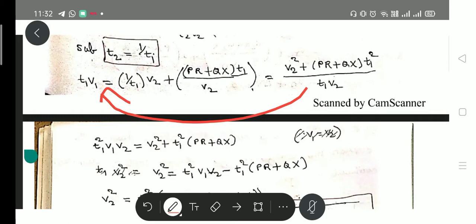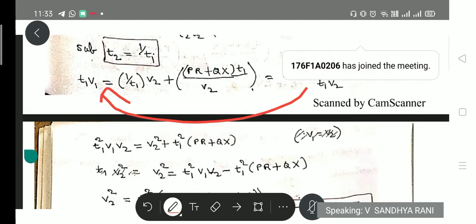Then after that, V2 square is equal to T1 square V1 V2 minus T1 square into PR plus QX.